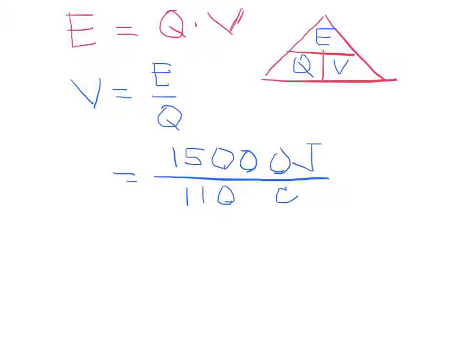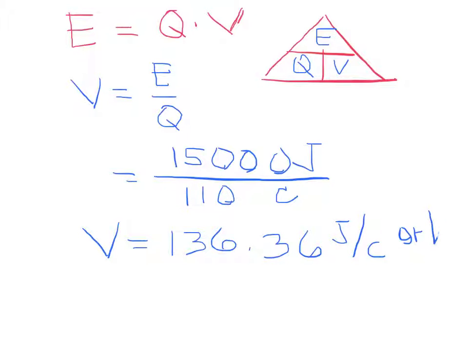So we have the V is 136.36 joules per coulomb, or simply volts.